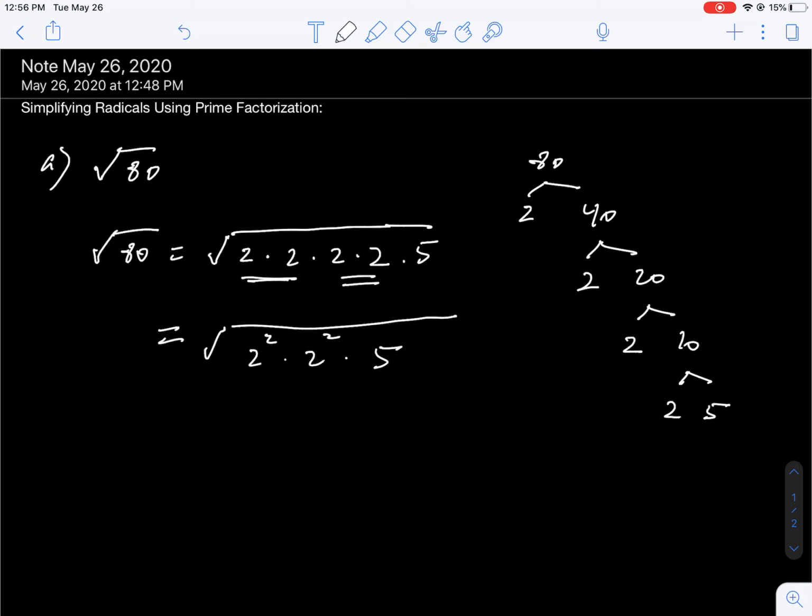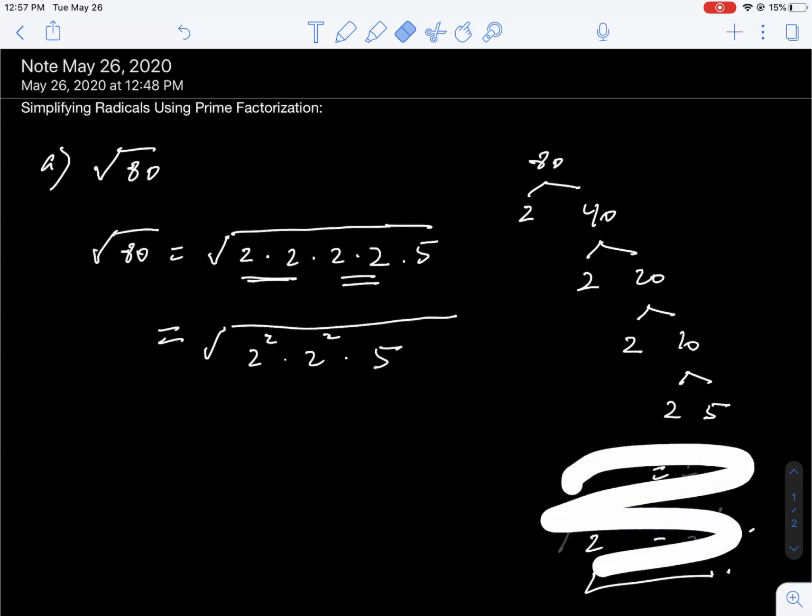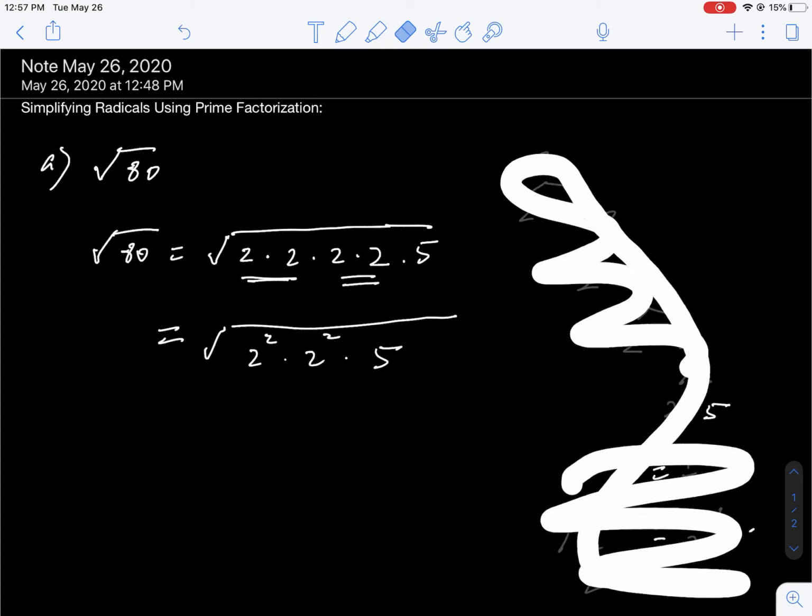Now we know that the value of this radical is equal to 1/2. So if I have something like 2 square root, I can write it as 2 to the power 1/2. They're exactly the same thing.